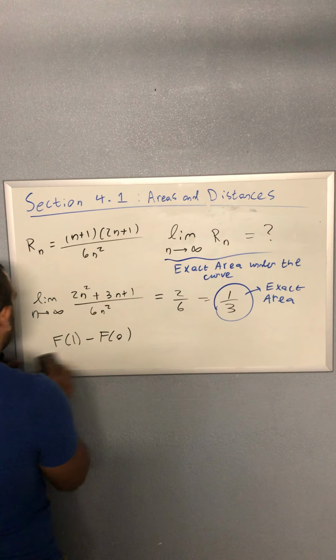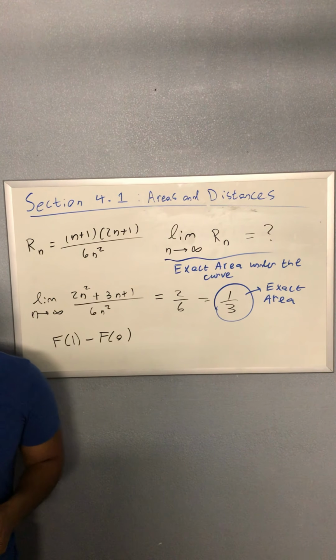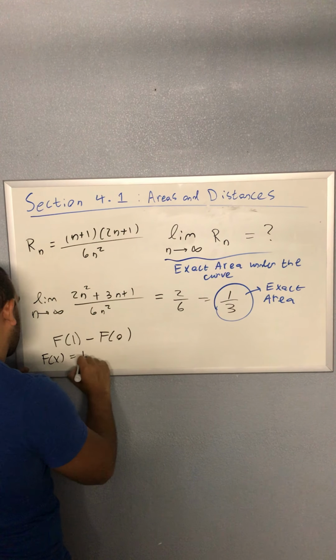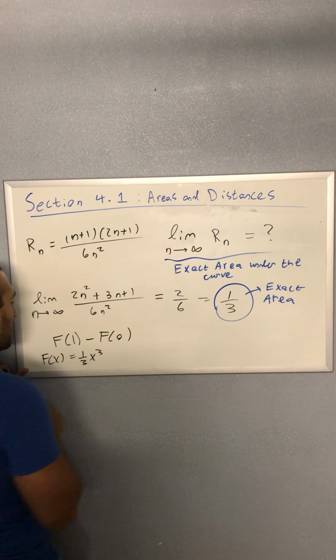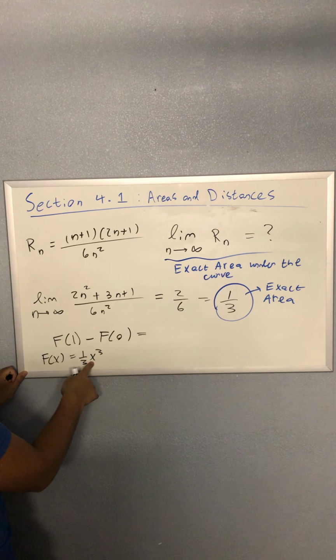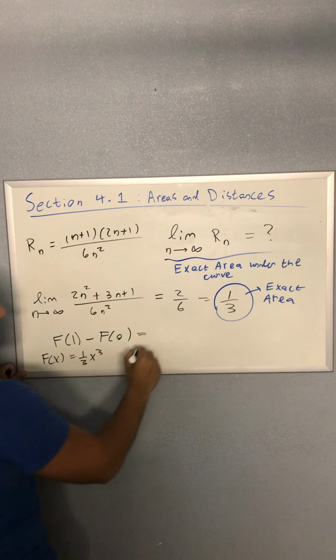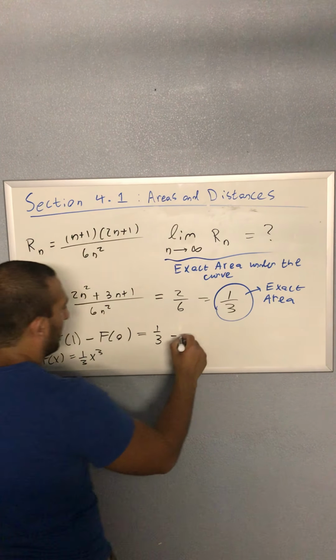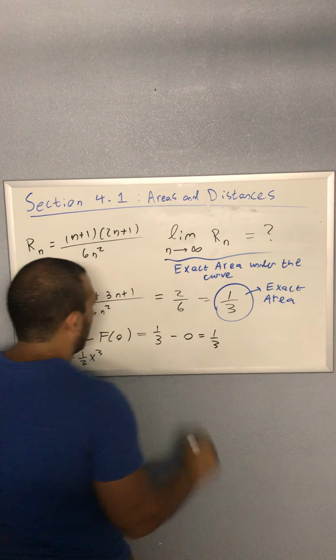The antiderivative of that function is 1/3 x cubed. So if you stick 1 in here, you just get 1/3 minus, and if you stick 0 in here, you get 0. So it's a third. Magic.